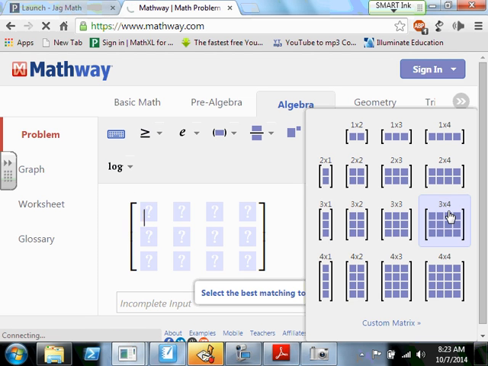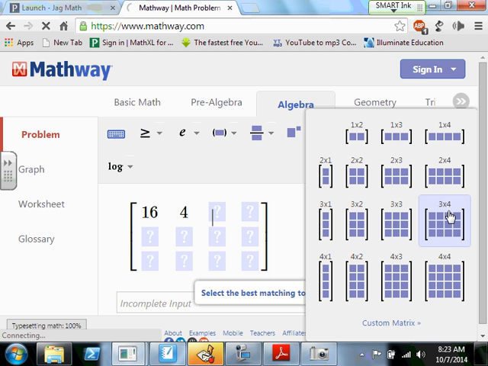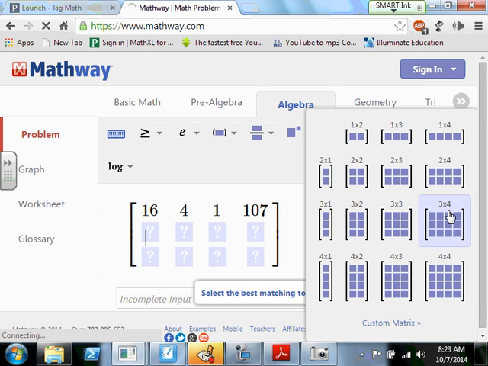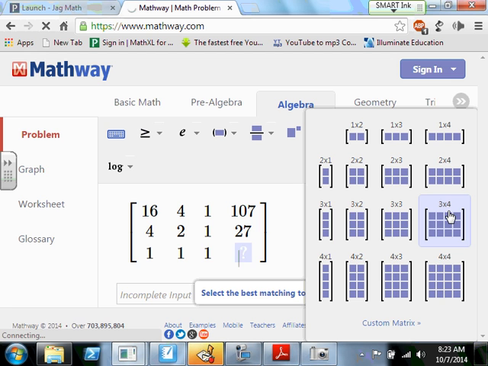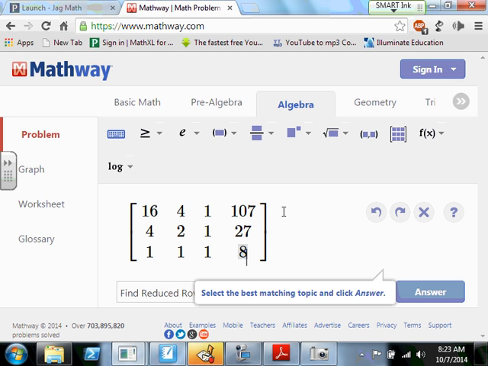And so I got 16, 4, 1, 107. And then it was 4, and 2, and 1, and 27. And then it was 1, and 1, and 1, and 8. And I want to find reduced row echelon form. Bam.